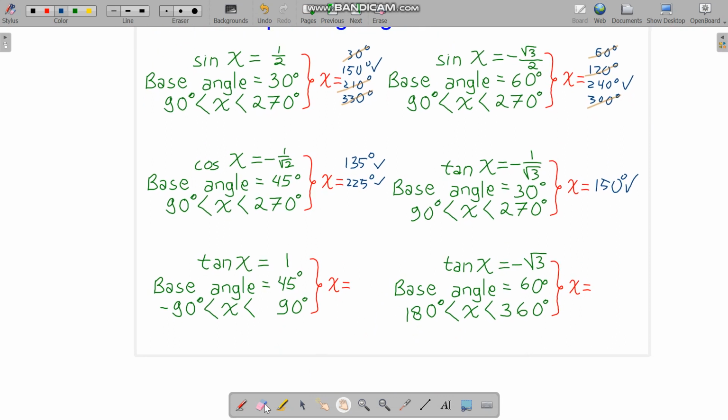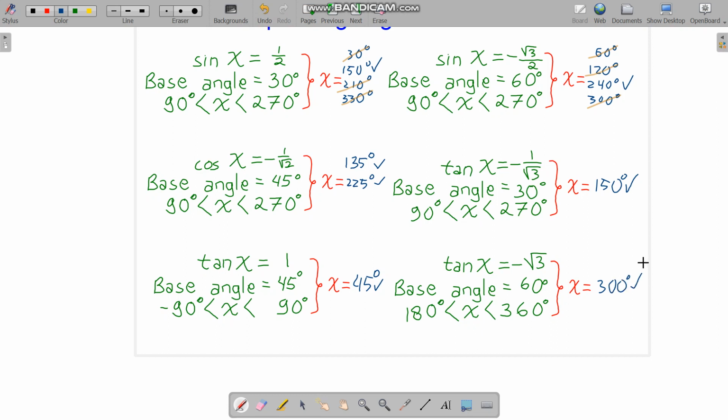And for 45 degrees, the tangent is supposed to be 1, so we can only use quadrant 1 positive or quadrant 1 negative, so of course it's just quadrant 1 positive. And here 60 degrees, negative tangent, quadrant 2 or quadrant 4. We cannot use quadrant 2 here because this is from 180 to 360. We can only use quadrant 2 or quadrant 4, so it's got to be quadrant 4 only.